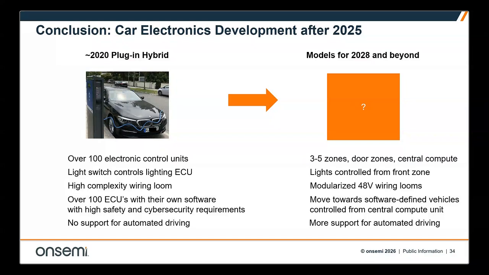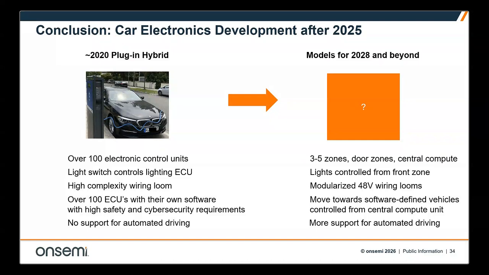The takeaway is simple: we are trading complexity and weight for intelligence at the core. That means lower weight, lower cost, easier upgrades, and a real foundation for safety and cybersecurity as the car becomes more autonomous. And across every layer we've discussed, connectivity, lighting, power, and sensing, onsemi provides the silicon building blocks to make it happen.